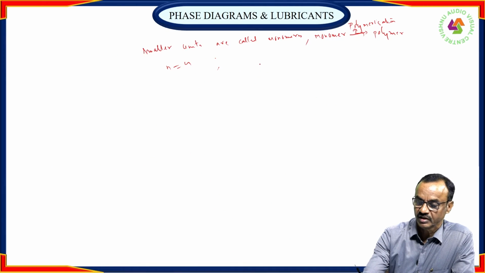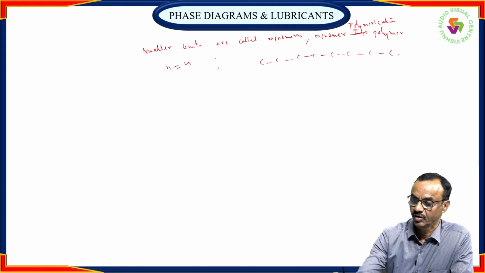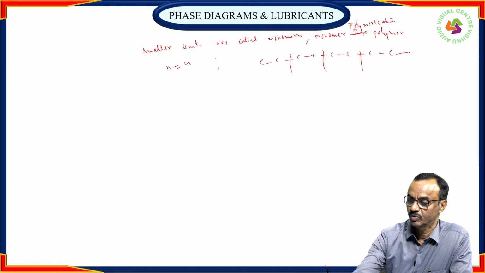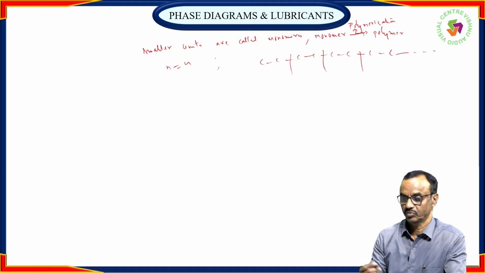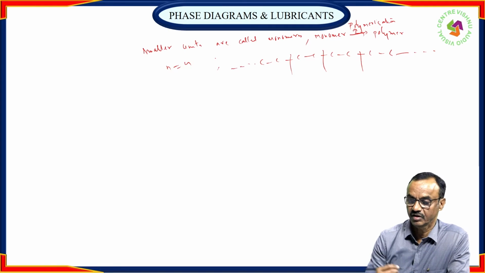You can write the chain line like this: first monomer, second monomer, third monomer, fourth monomer. Let us assume linking takes place between 4. N is equal to 4, CH2, CH2, each carbon consisting of hydrogens.